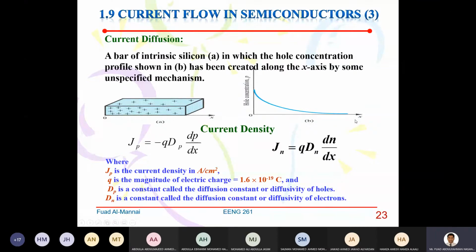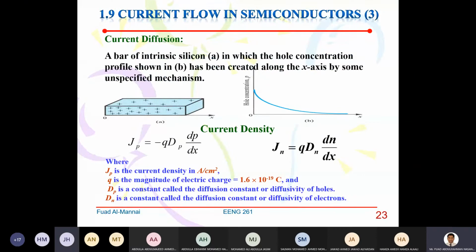At 0, at this end, the concentration is high, while the concentration at the other end is low. Now the current density due to diffusion.